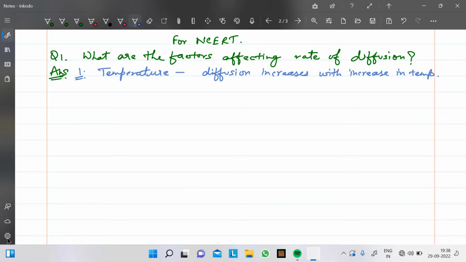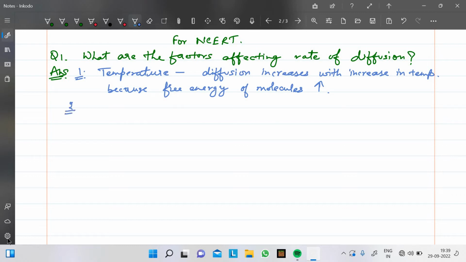Why? Because the free energy of molecules increases.